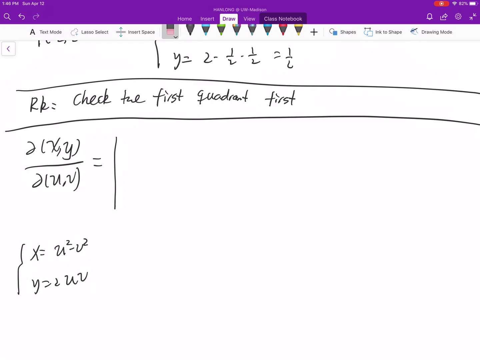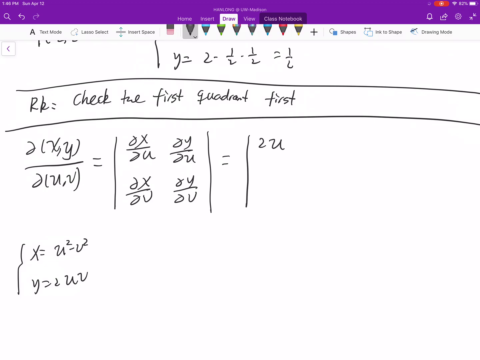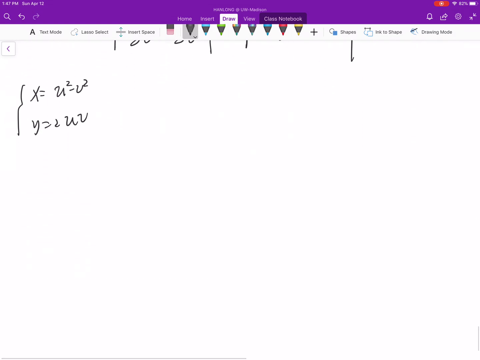Therefore here, partial x partial u, partial y partial u, partial x partial v, partial y partial v. So 2u, 2v, minus 2v, and 2u. So the answer is 4 times u squared plus v squared. Of course, this is non-negative.